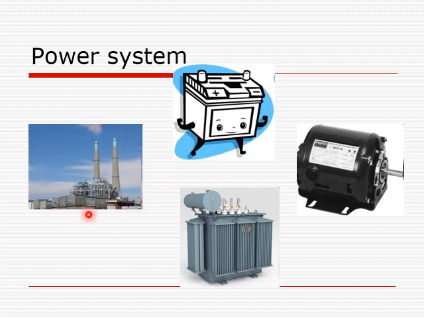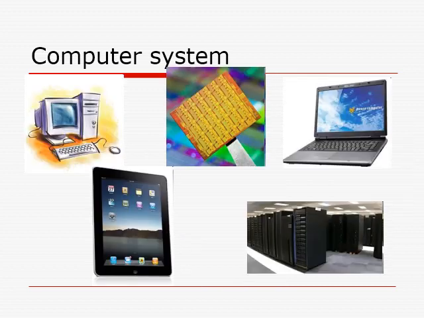A power plant changes thermal or mechanical energy into electrical. A motor changes electrical energy into mechanical. And a transformer can change the voltage in order to transmit electrical power from one side to the other.